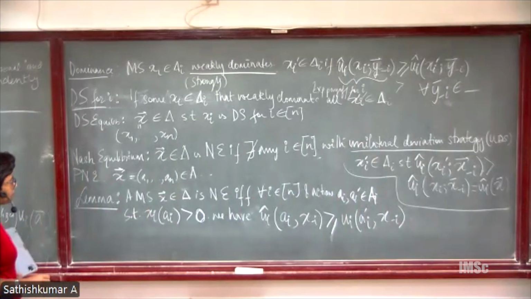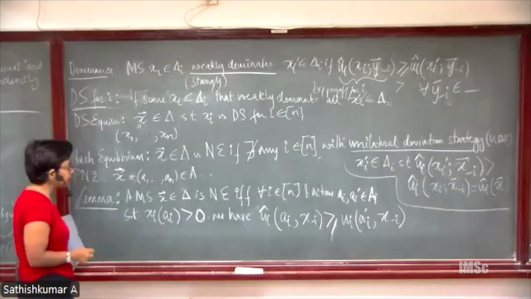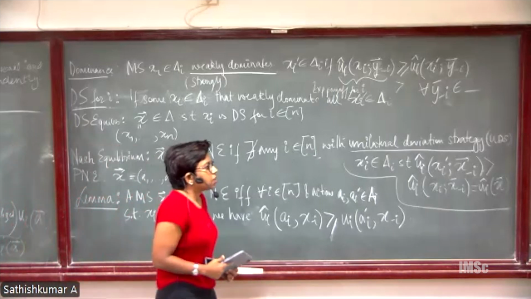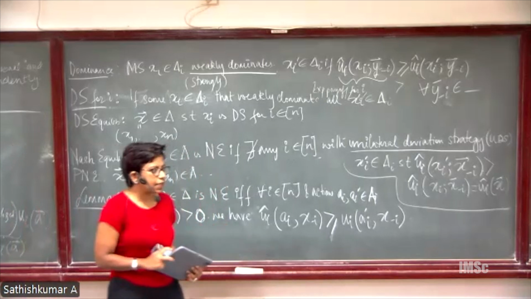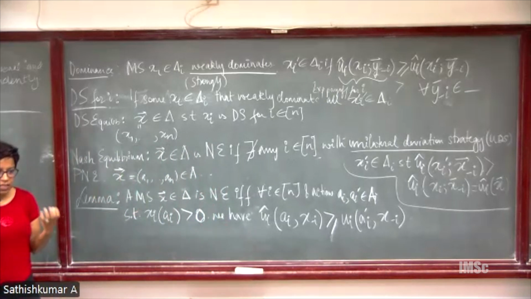Okay, so I guess you heard the definition of Nash equilibrium, right? The point is that working with probabilistic objects, unless we have a very clear interpretation of what that is, can be a bit tricky.